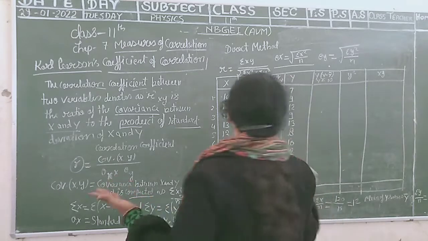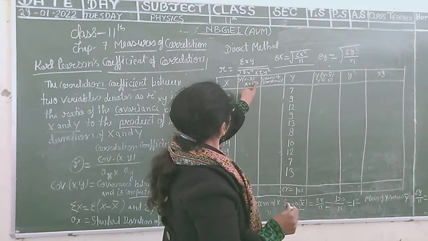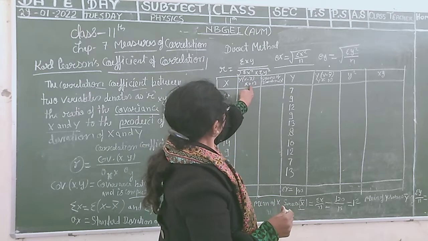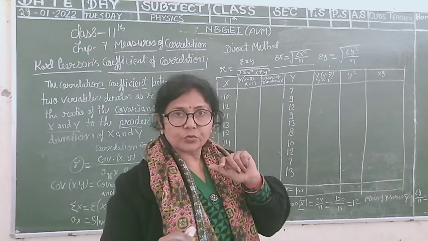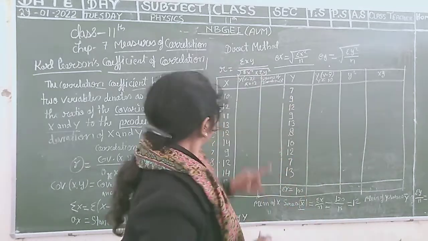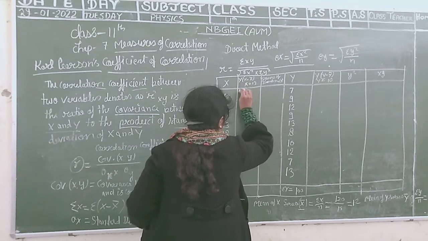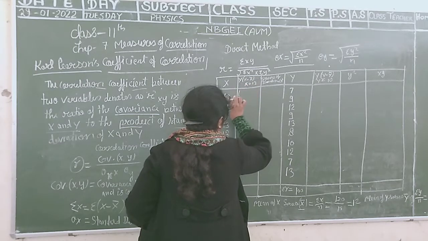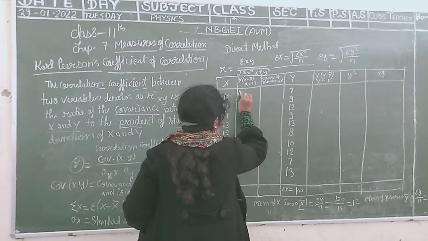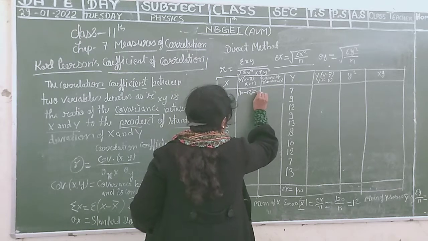Then what are we doing? Firstly we take x minus mean, x minus 12. I will write here x. 10 minus the mean 12 equals minus 2.